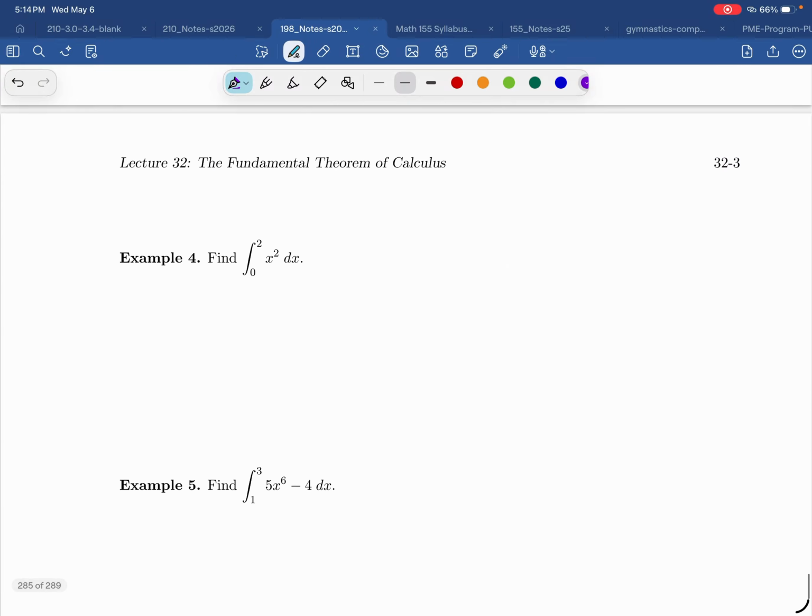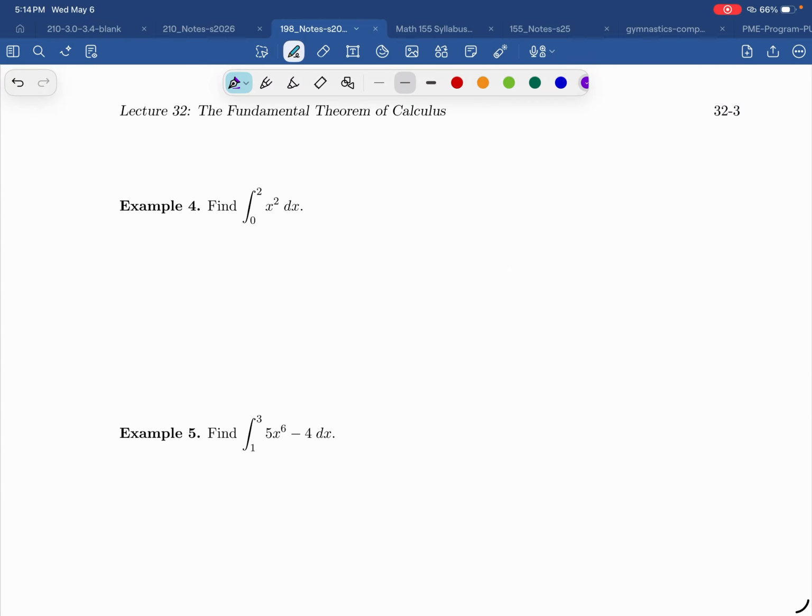Let's look at a couple of examples here. Okay? So, how do we find the area under the curve from 0 to 2? Remember we had this problem a couple of classes ago? Well, we know that the antiderivative of x squared is 1/3 x cubed. And then this is the notation that we write. This means plug in 2, then plug in 0.